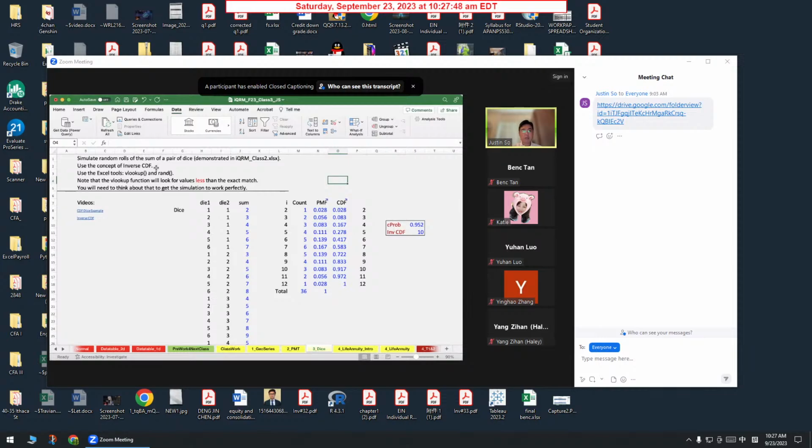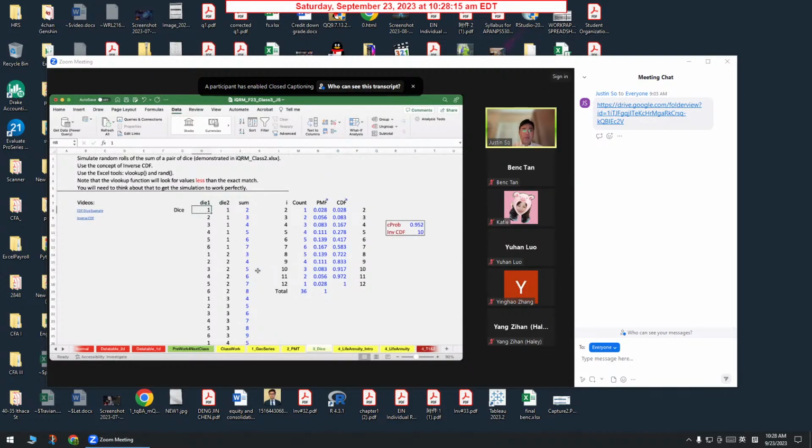And 1 die has 6 numbers, and 2 dice is a pair of dice. Now we create the sum of those 2 dice as output, and then use the concept of inverse CDF. And then we're going to use a VLOOKUP function with approximate match. So I explained this one in the Excel session.